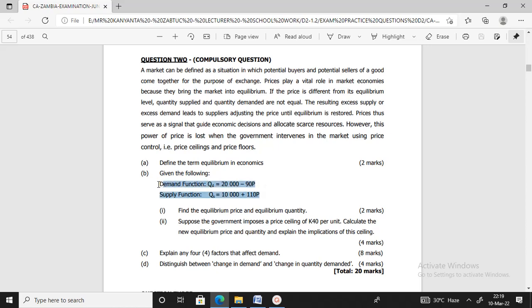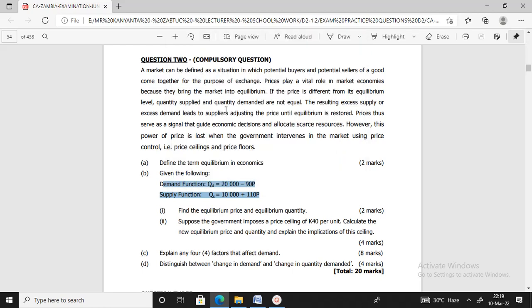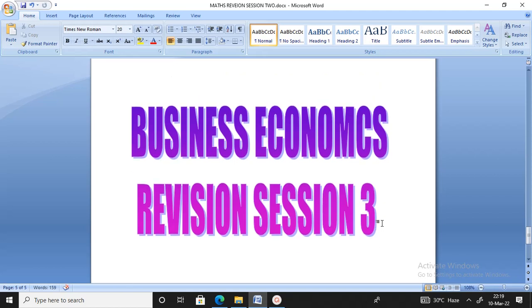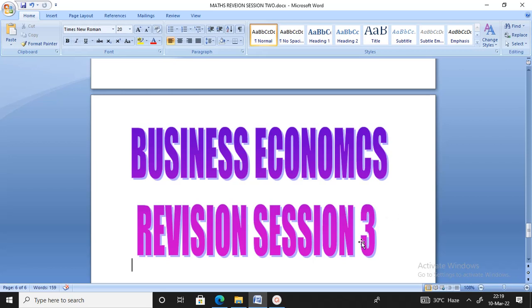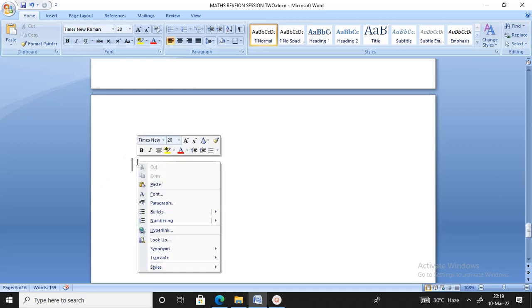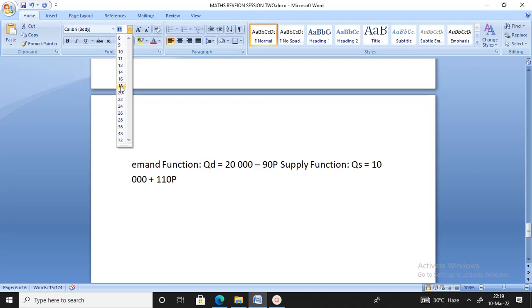So let me take these functions to our work page and try to solve it from there. So that's the demand function.